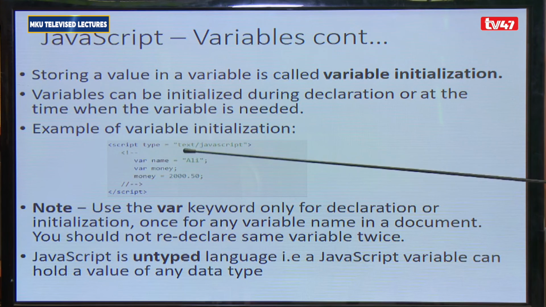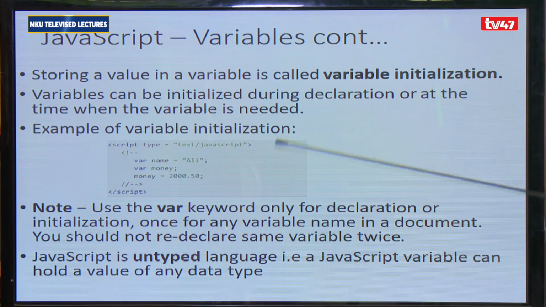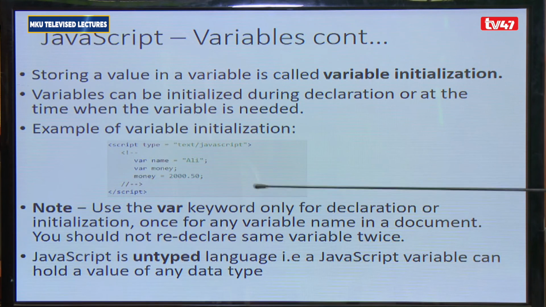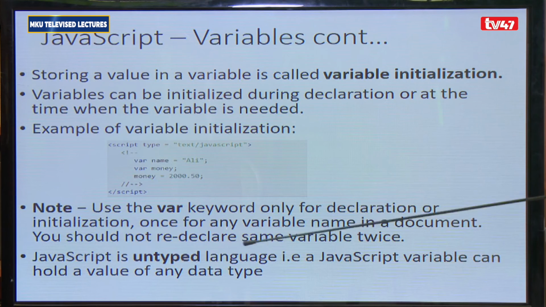Now, this is a very important thing to note and know that you don't have to use the var keyword again. So you use the var keyword only for declaration. Once you have declared a variable, you don't have to keep using the var keyword again. What you can simply do is initialize it with a value and avoid declaring a second variable.